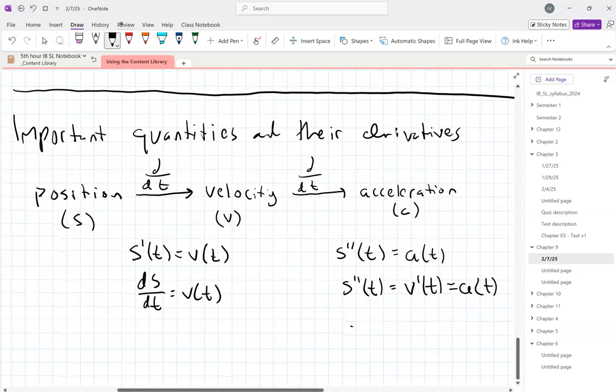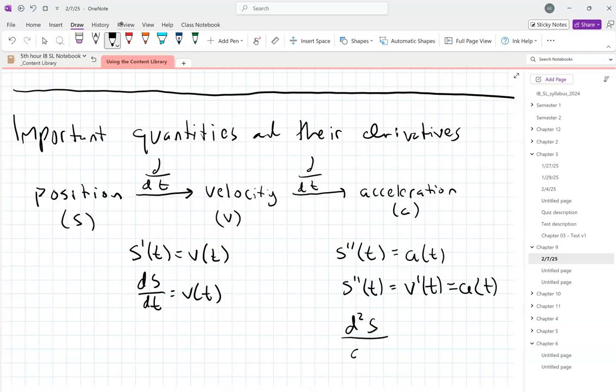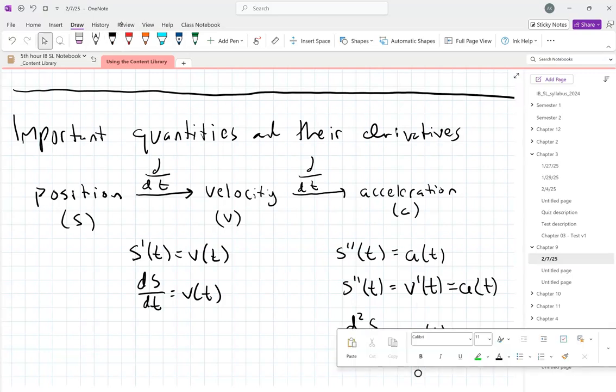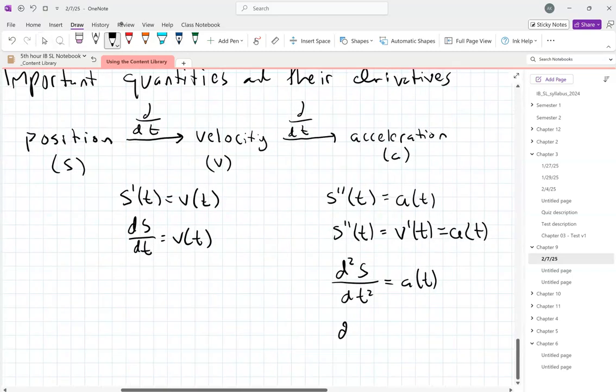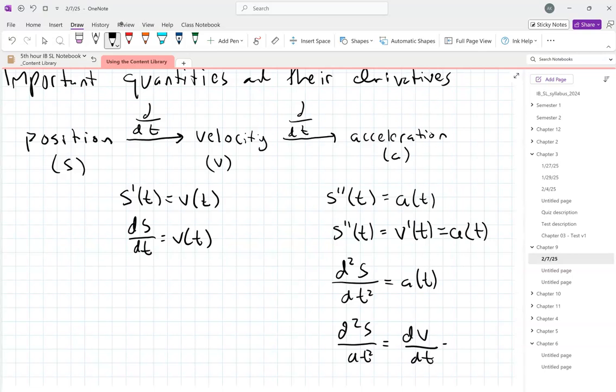Or you could say d squared s dt squared is a of t, or d squared s dt squared is equal to dv dt, which is a of t.